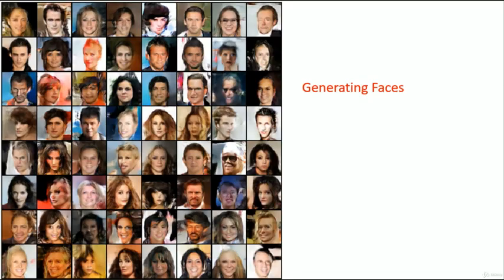Another application is generating faces. So this is more into image generation. It doesn't have to be faces, it can be anything. Here I'm showing you an example of generating faces, and this is basically a deep learning technique, a specific neural network called GANs, Generative Adversarial Networks.